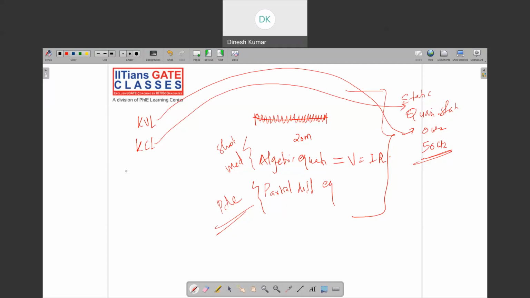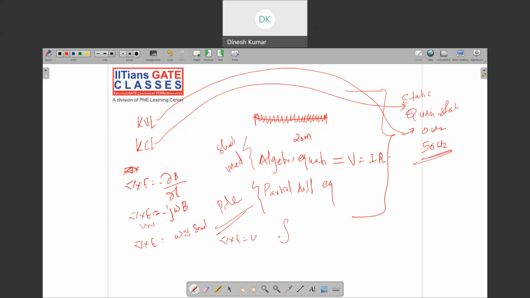if you go back to Maxwell's equation, del cross E is equal to minus dou B by dou t, right? If you convert this to time harmonic form, this is basically minus j omega B. So del cross E is basically 0 only when omega is small.